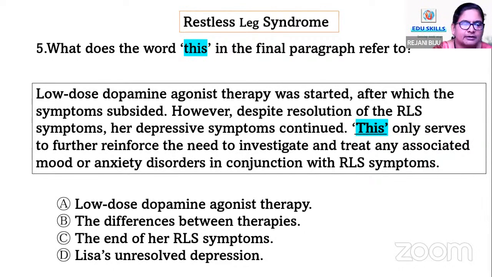Are you able to find out? Symptoms maybe. What is matching? Which option will be matching with that word? C. See, ma'am, the end of RLS symptoms. Is it the end? End means it may be already treated. It is telling that symptoms continued.